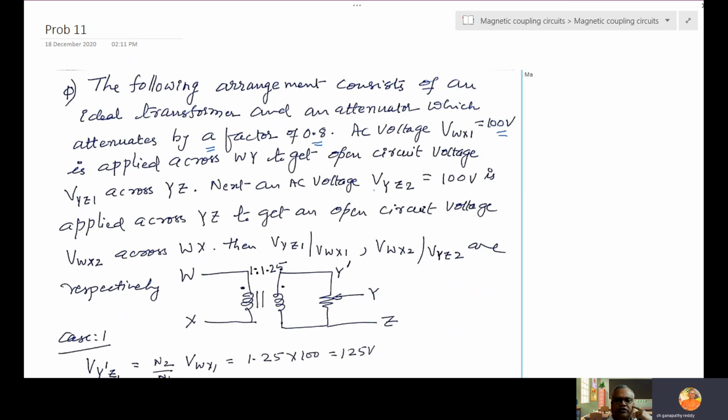Next, an AC voltage V YZ2, 100 volts, is applied across YZ to get an open circuit voltage V WX2 across WX. Then V YZ1 by V WX1 and V WX2 by V YZ2 are respectively.